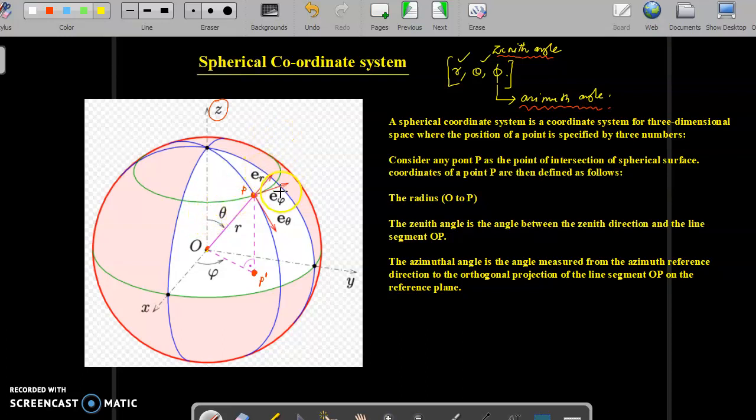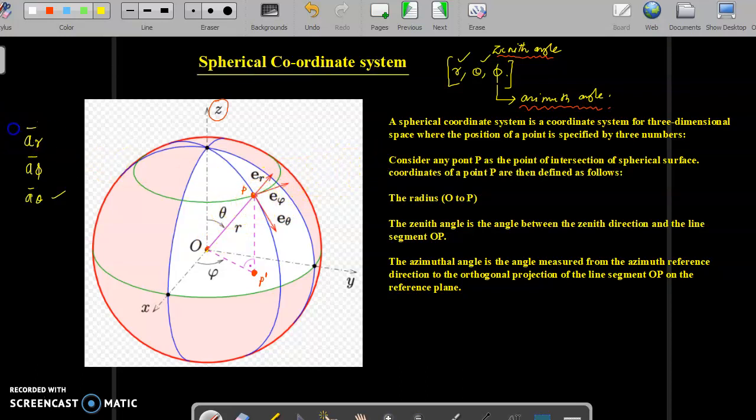They are e_r, e_phi and e_theta, otherwise a_r, a_phi and a_theta. a_r represents the unit vector acting along this OP, a_theta is the unit vector acting along the zenith angle direction, and a_phi is the unit vector acting along the azimuth angle direction.